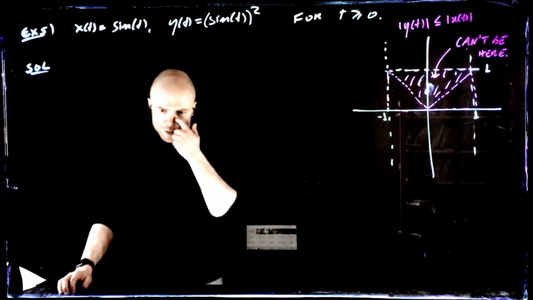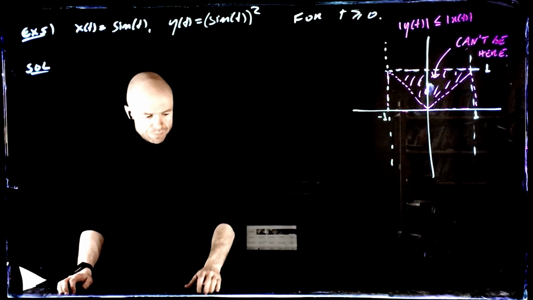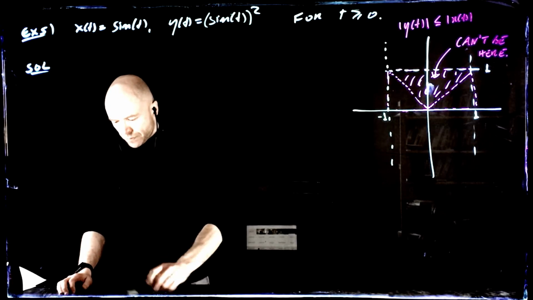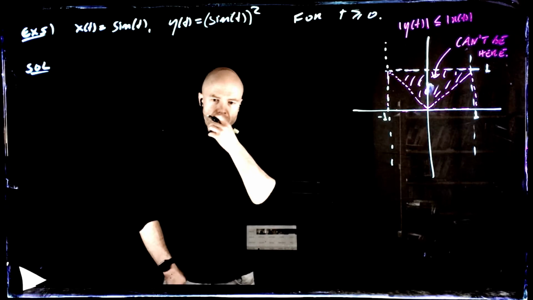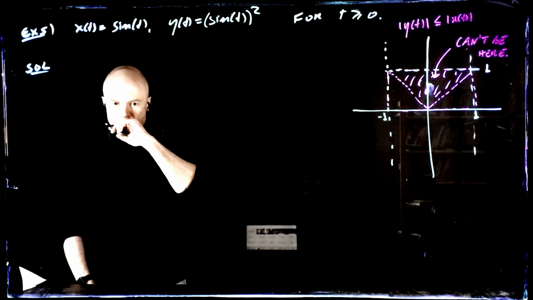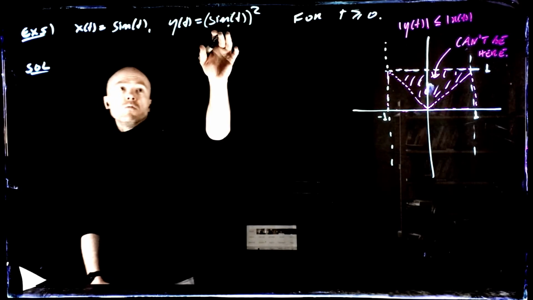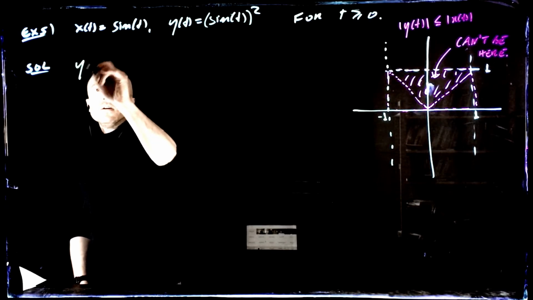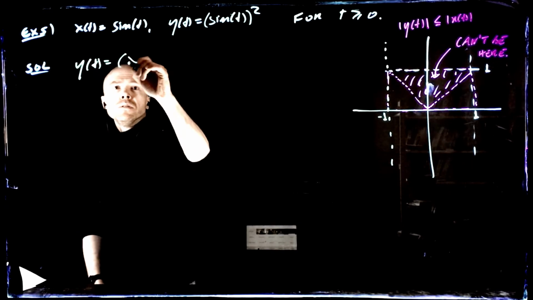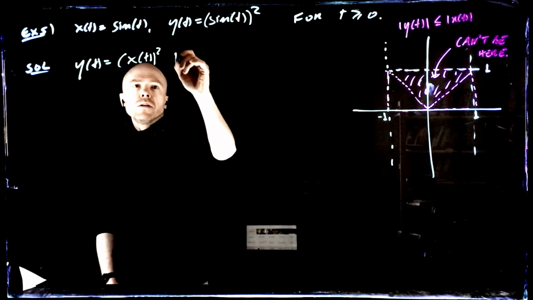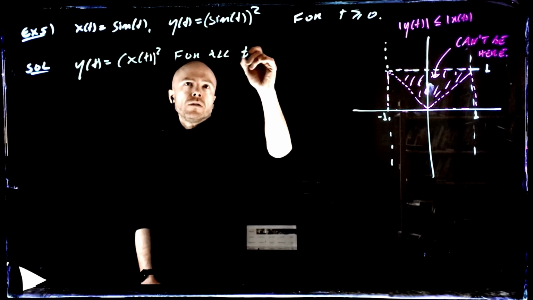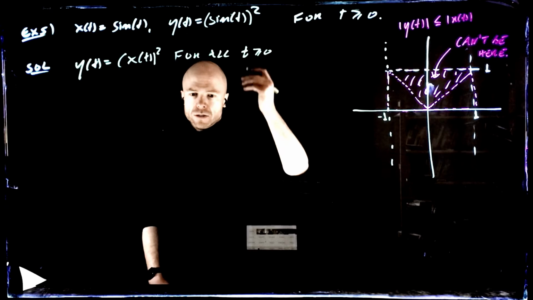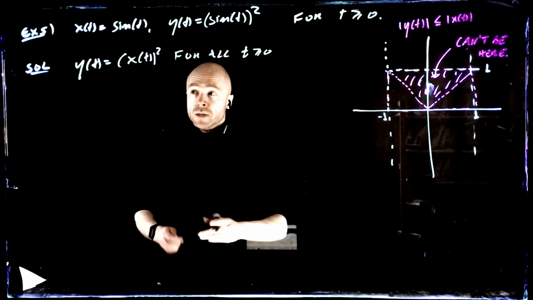What relation did you tell me between x of t and y of t? Right. So the relation we see here is that y of t is equal to x of t squared for all t bigger than 0, let's say. So what does that mean?